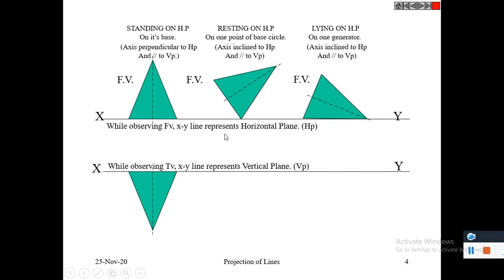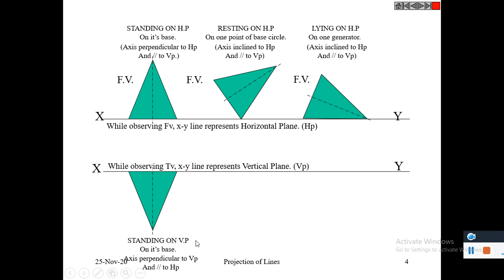Observing here, we are observing the front view in which the solid is resting on HP. Here in top view, the XY line represents the vertical plane, and it is resting on the vertical plane.